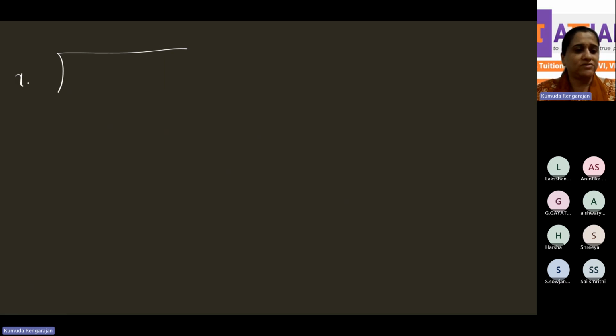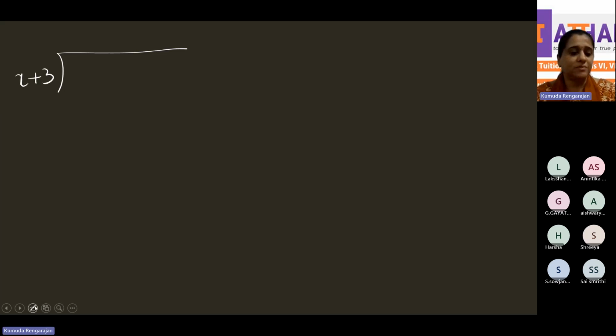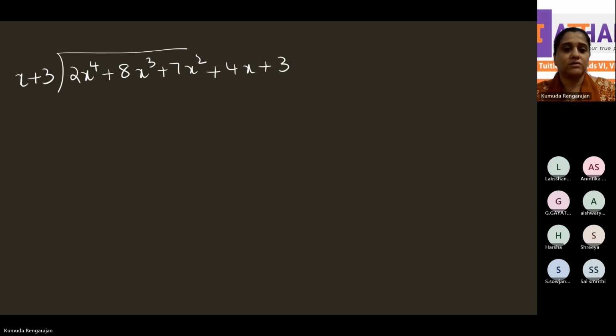The divisor is x plus 3, children. I'm working this one. The divisor is x plus 3 and the dividend is 2x to the power 4 plus 8x cubed plus 7x squared plus 4x plus 3. This is the question, children. All right?